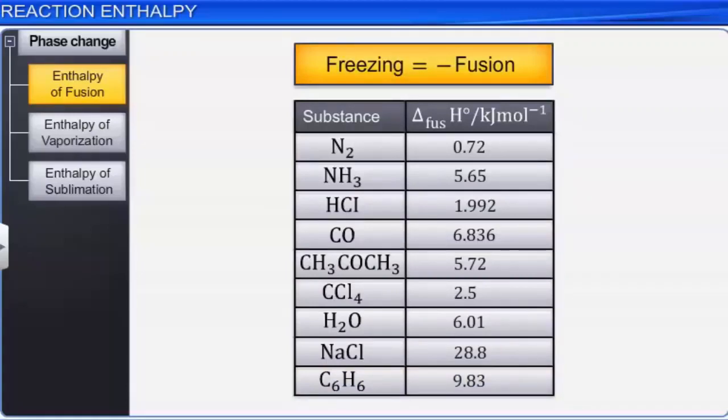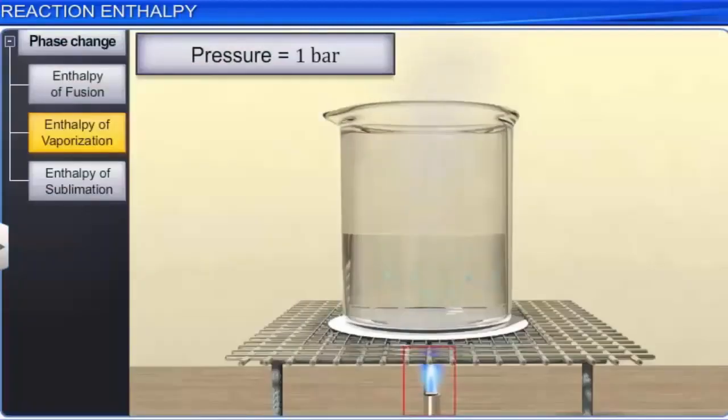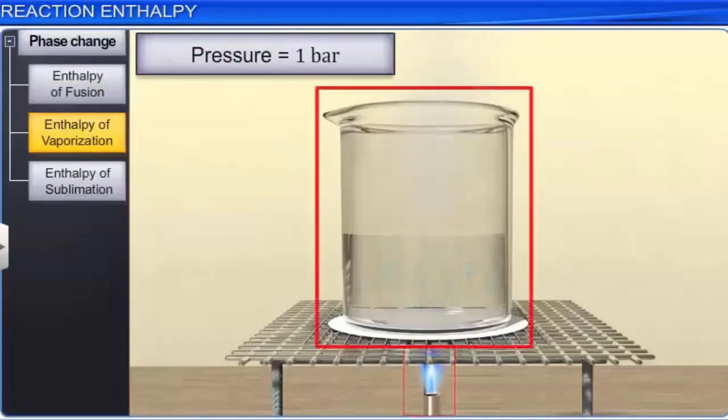Now let's look at the enthalpy of vaporization. The amount of heat required to convert 1 mole of a liquid into its vapor state at constant temperature and under standard pressure is called its standard enthalpy of vaporization or molar enthalpy of vaporization.